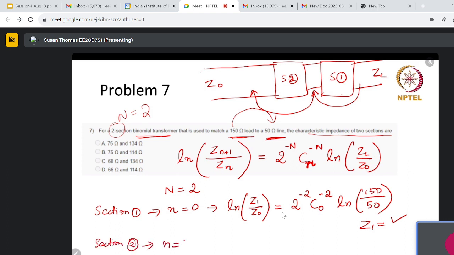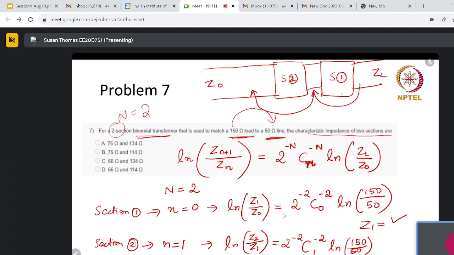Now coming to section 2, what you do is put n is equal to 1. So ln of Z2 by Z1 is equal to 2 raised to minus 2, C1 raised to minus 2, ln of 150 by 50.